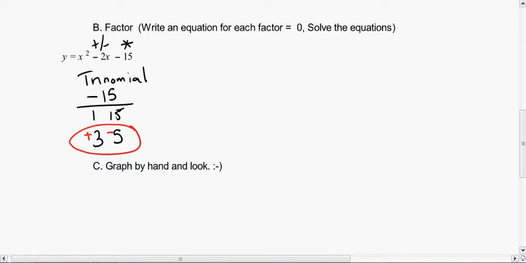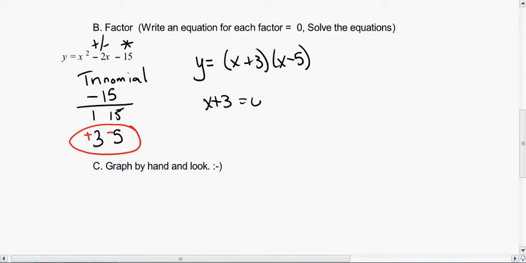Now I'll just substitute those back in. So y equals x plus 3 times x minus 5, and then write two equations.